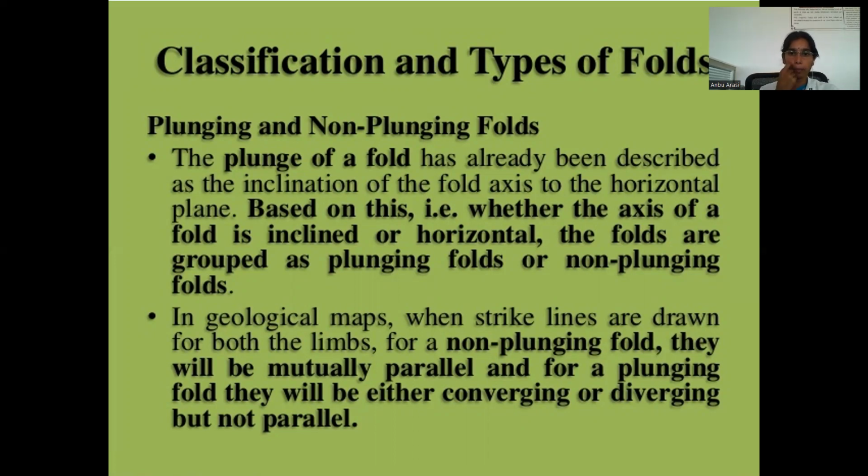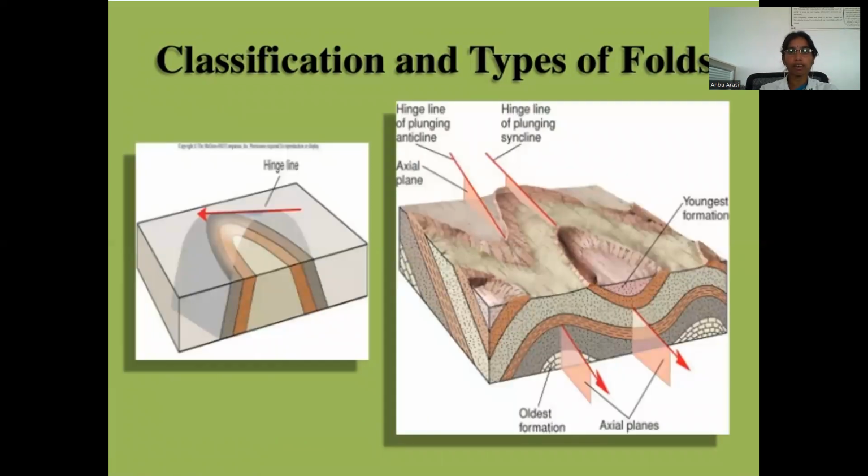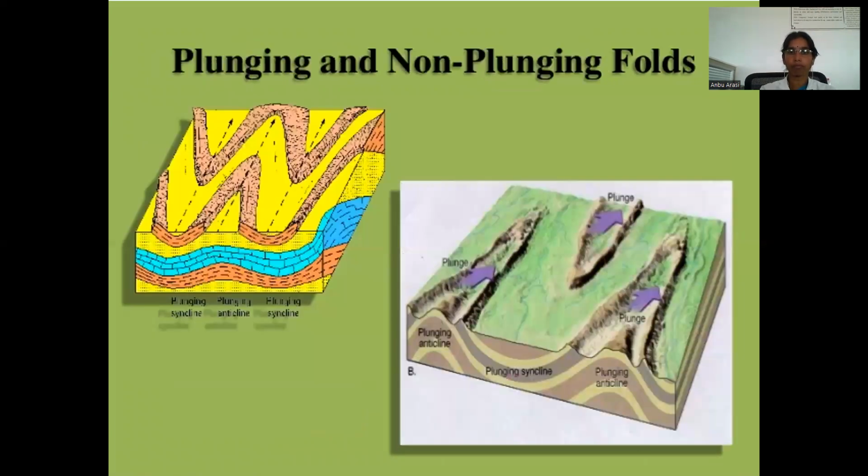In a geological map, when strike lines are drawn for both limbs, for a non-plunging fold they will be mutually parallel, and for a plunging fold they will be either converging or diverging but not parallel. This is the plunging fold. These are examples of plunging and non-plunging folds.